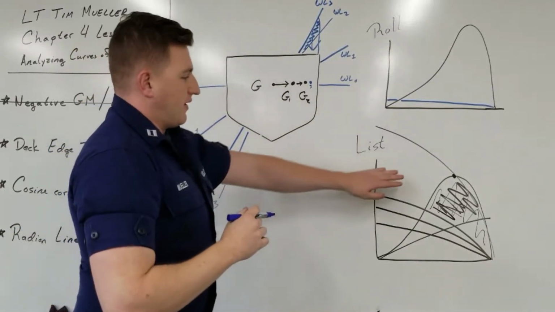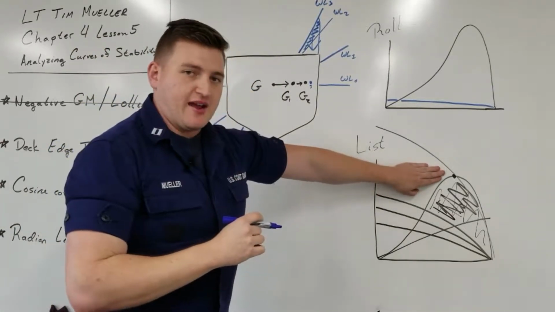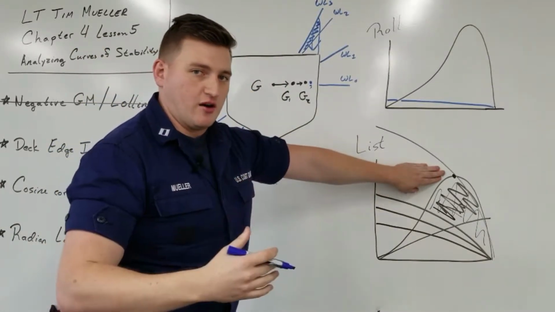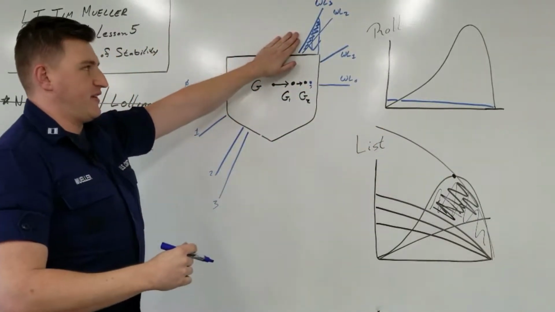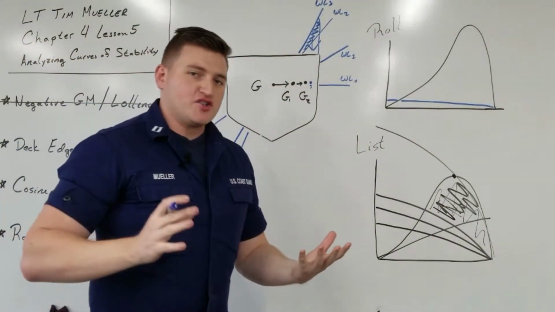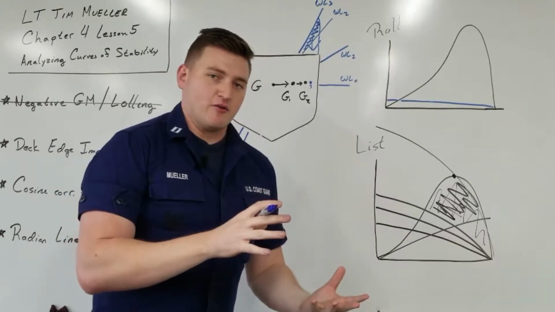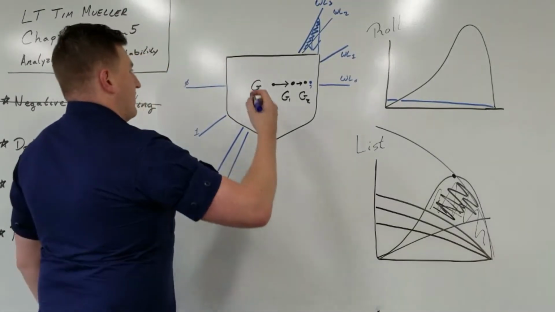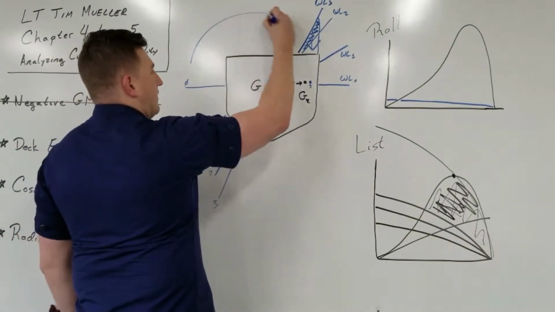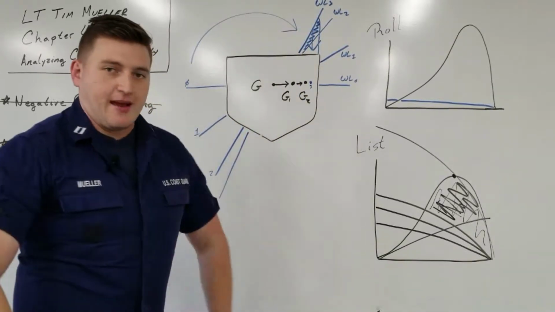So once you list to your angle of maximum righting arm, this cascade of adding water, shifting center of gravity, and then listing even more occurs. And eventually the ship is going to have such a moment that it will capsize.